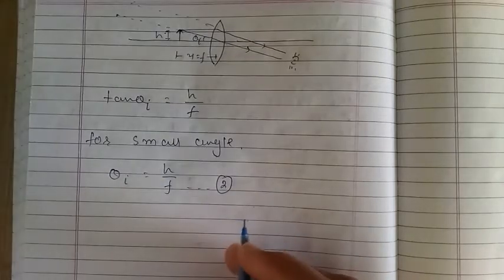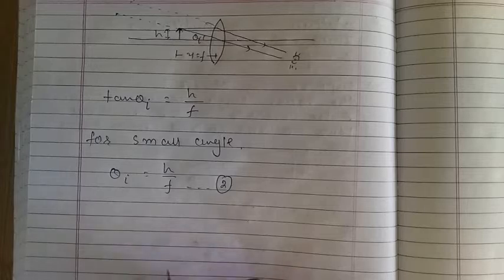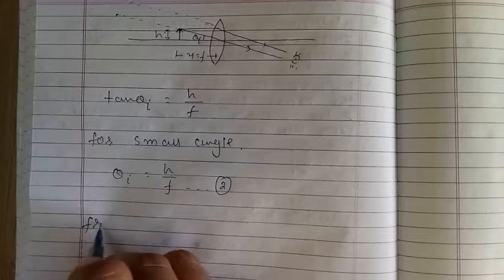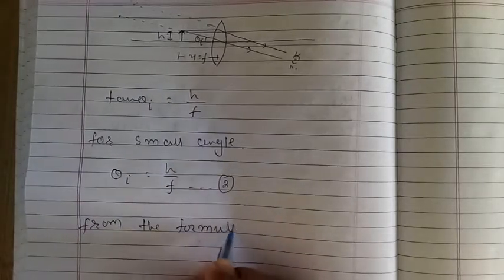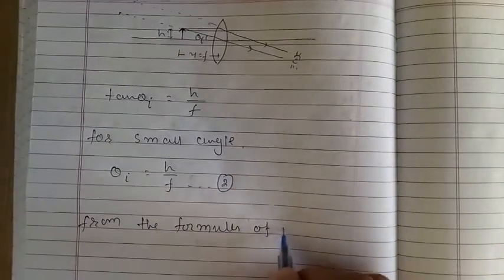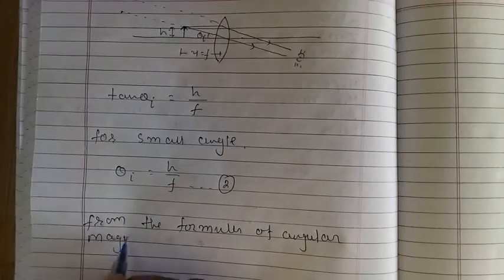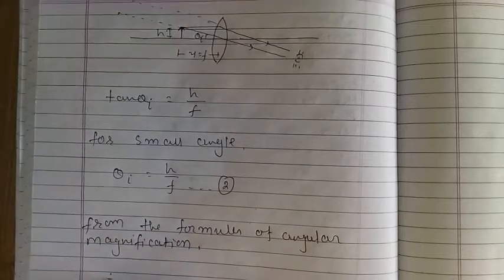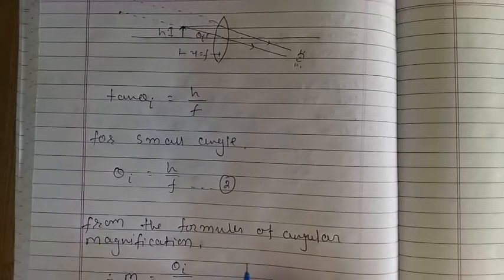So you have to remember the formula of angular magnification. The formula is m is equal to theta I upon theta 0.